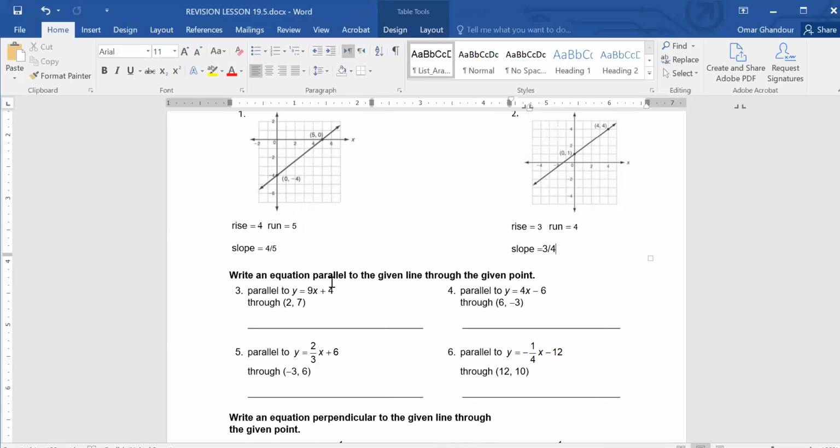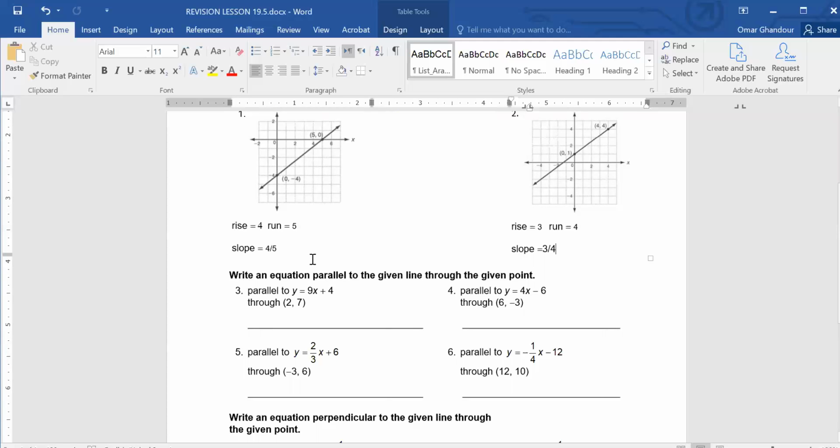Some questions will tell you to write a specific form, like in your book, in the lesson. If he specified slope-intercept form, and you write another form, it will be counted as wrong.